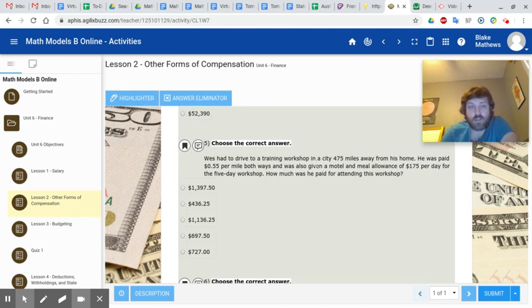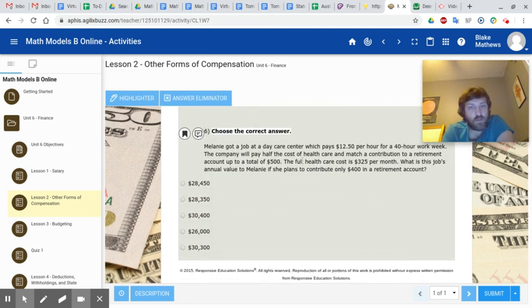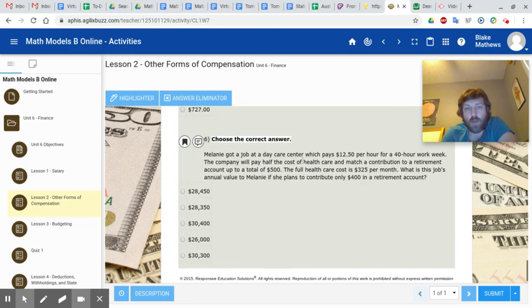So you can just calculate the value. Remember that it's both ways, so you have to drive 475 miles to and 470 miles back. So do that twice and then add this number per day for 5 days. You should be able to figure that one out. This is more or less the same, so we're going to leave that one for you to do as well.